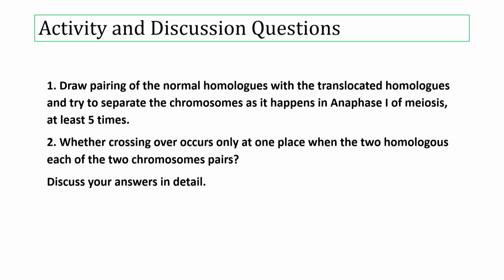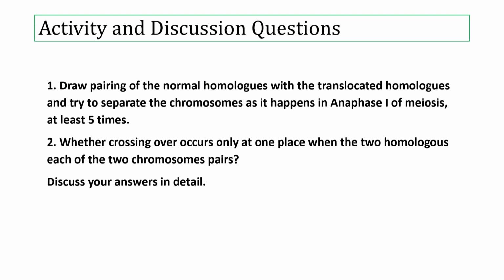So with this, I come to the discussion point that once again I will suggest you draw the pairing of the normal homologues with the translocated homologue. You practice this, because when I am showing it with chromosomes, it is not always very clear.